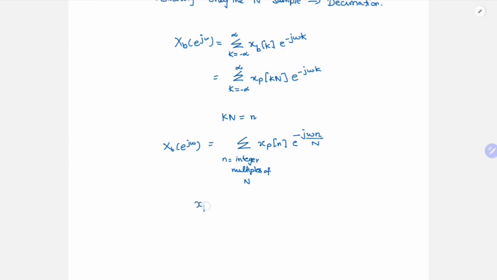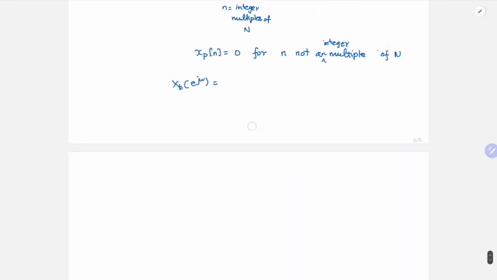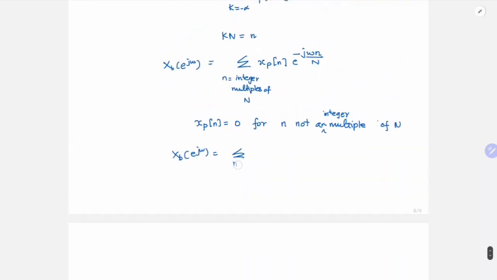And since my xp of n is anyway equal to 0 for n not an integer multiple of n, I can replace this summation, so xb of e per j omega is equal to summation n equal to minus infinity to infinity xp of n e per minus j omega n by n.